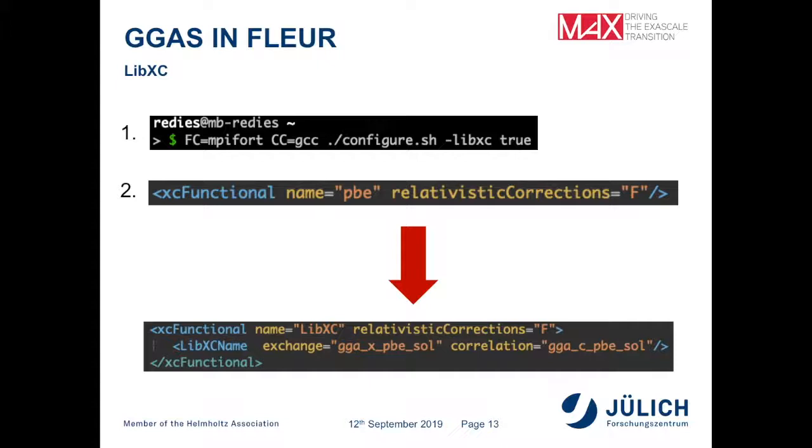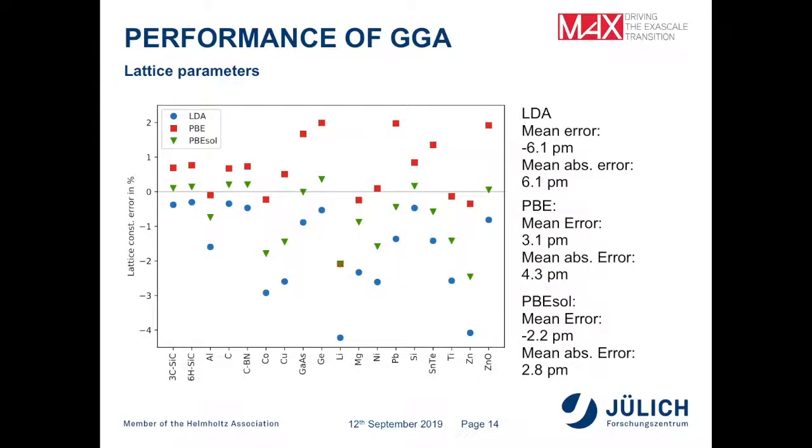And well, how do these GGAs perform? So we went through all the effort of including the gradient. Does it help us? Well, if you look, for example, at the PBE, it actually overcorrects the lattice constant. So now the PBE has a bias towards too large lattice constants. But it still improves the mean by a factor of 2 roughly.